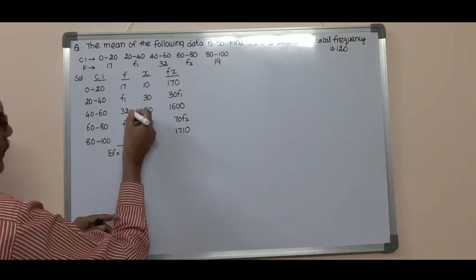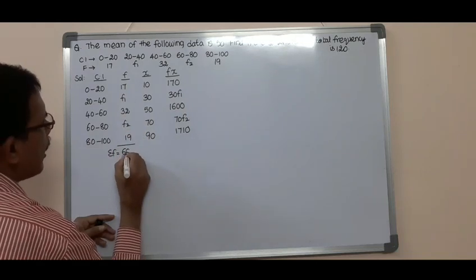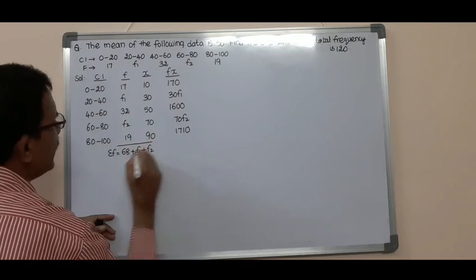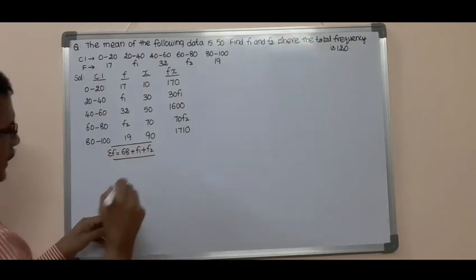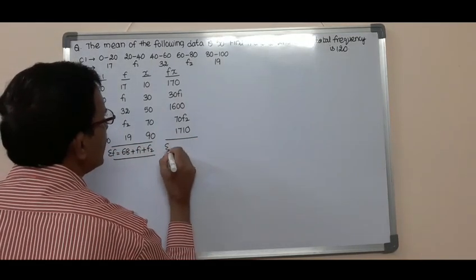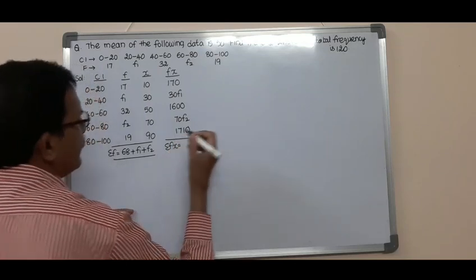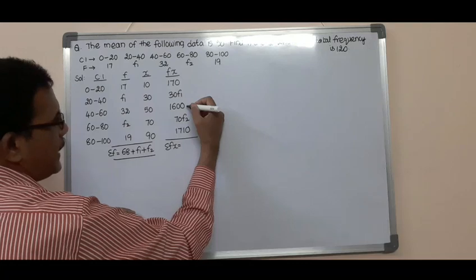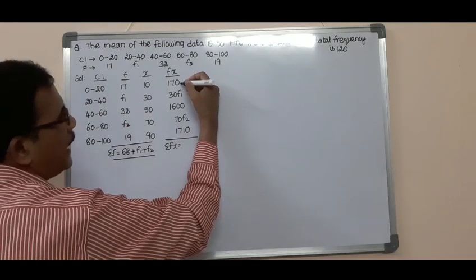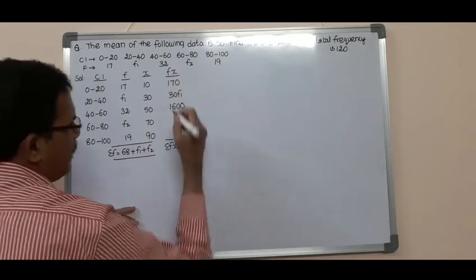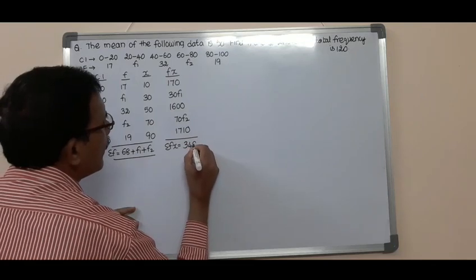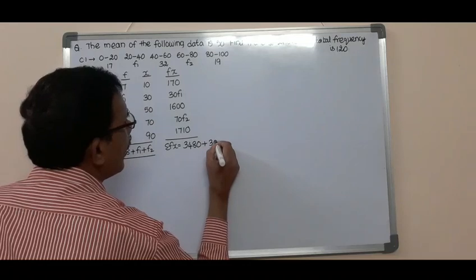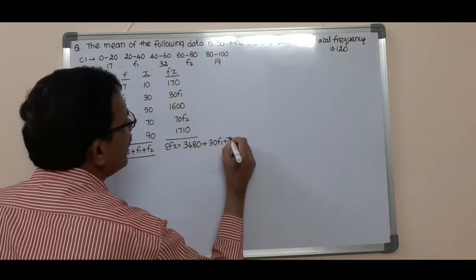Now here I will find sigma f. 19 plus 32, 51, plus 17, 68 plus f1 plus f2, that is sigma f. Now finding sigma fx. 1710 plus 1600, 3310, plus 170, 3480, plus 30 f1 plus 70 f2.